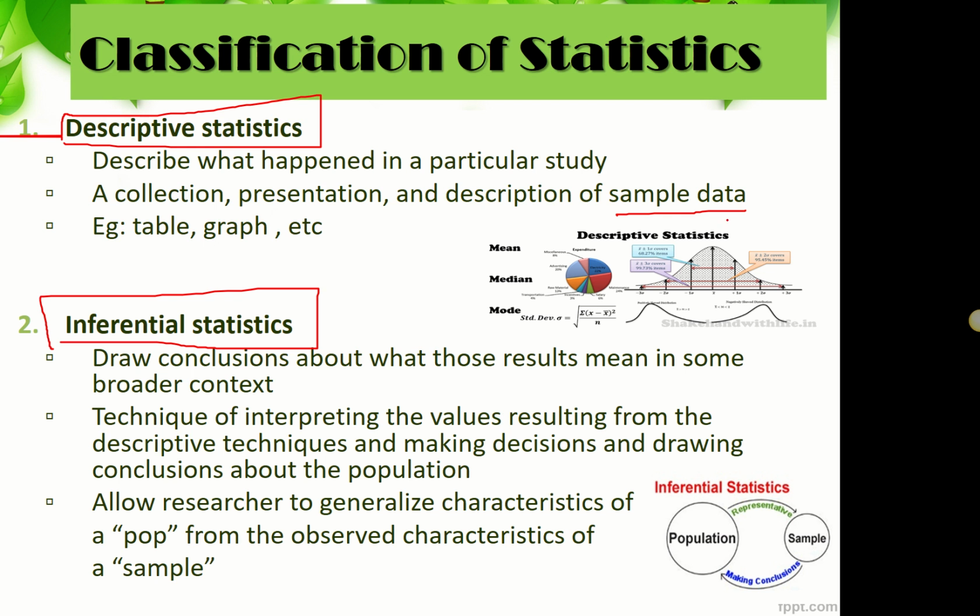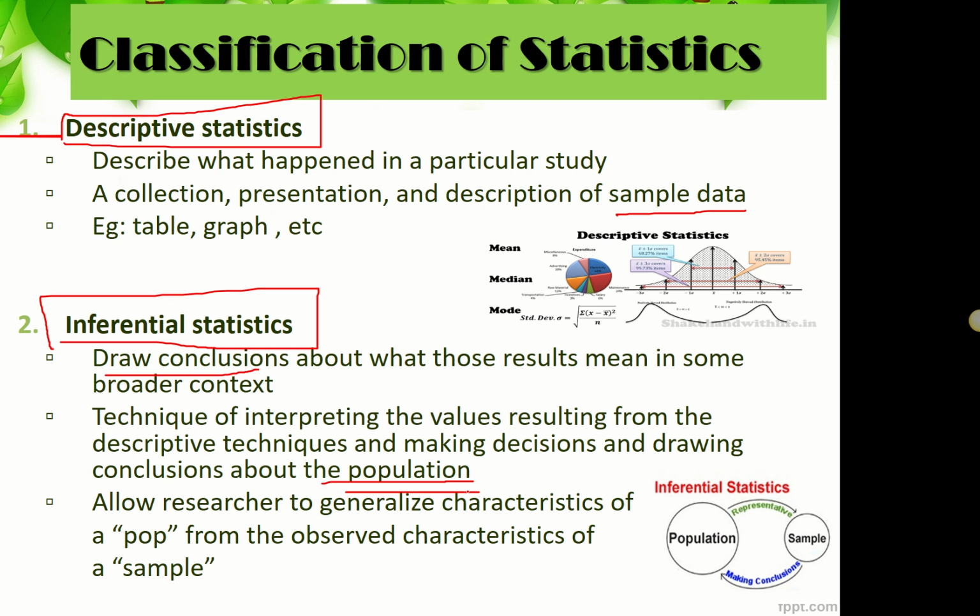But for inferential statistics, from the information that we get from the sample, we must draw a conclusion, and we need to interpret the result from the sample to the population. We must remember that when we are doing our research, we have the target population that we are looking into, but when we collect our data, we just collect a sample.